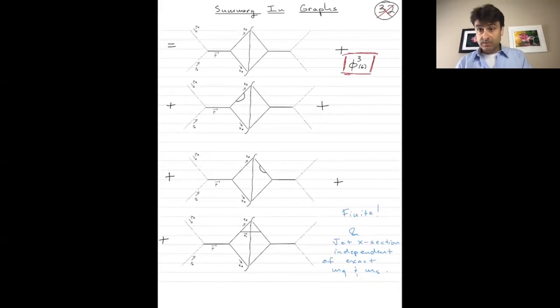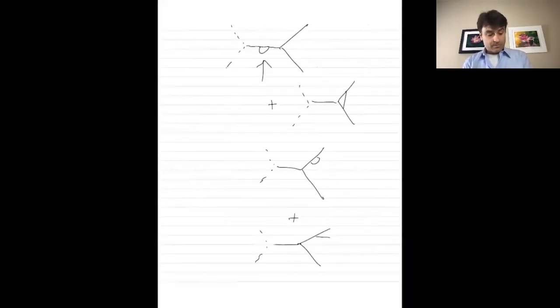You have a cancellation of the infrared behavior. Basically, you get sequestered from the infrared behavior. And so the final state legs no longer create the kind of problems that might mess up your ability to use asymptotic freedom. You can do this calculation. This is how e plus e minus calculations actually work in QCD. If you integrate over every final state, you can calculate those in perturbation theory.